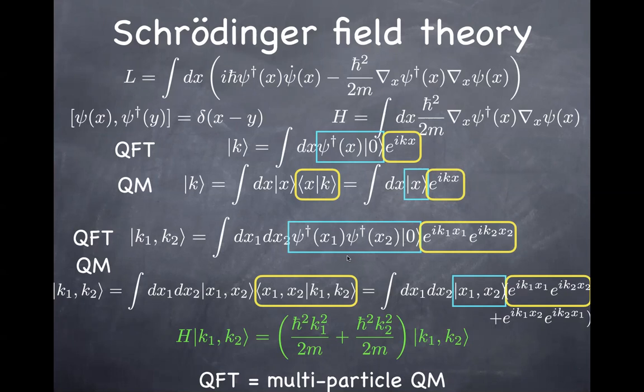So let me just repeat. There are two major differences between quantum mechanics and quantum field theory. One, the number of particles can be changed in QFT, while it cannot be in quantum mechanics. And second, the symmetrization of the wave function is automatic in QFT, but you have to do something about it in quantum mechanics by hand.